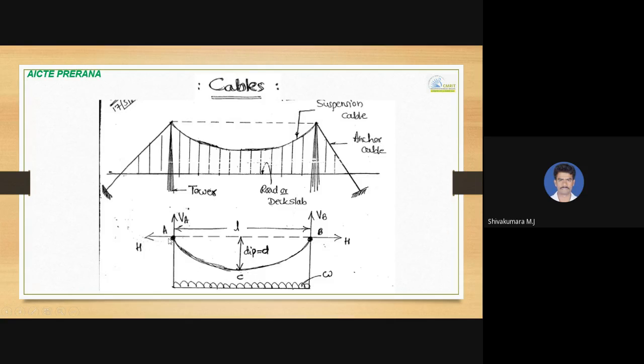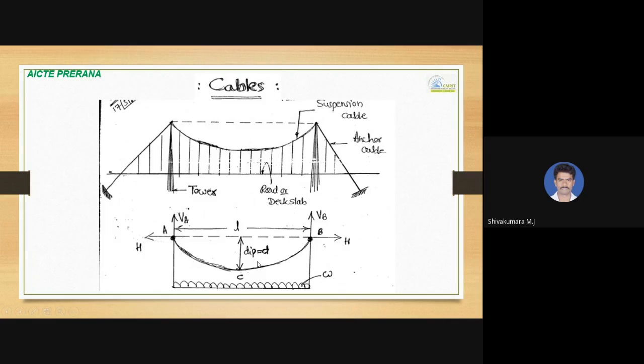The direction of H, you can have a look over here, is away from this cable, as the cable will pull inside. The resultant of VA and H is root of VA square plus H square, and the resultant of VB and H is root of VB square plus H square. Which is maximum among these two? That is the maximum tension force experienced by this cable.